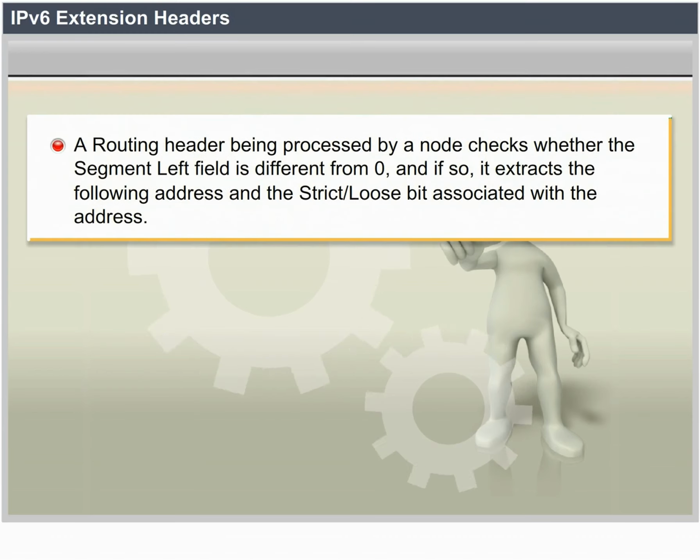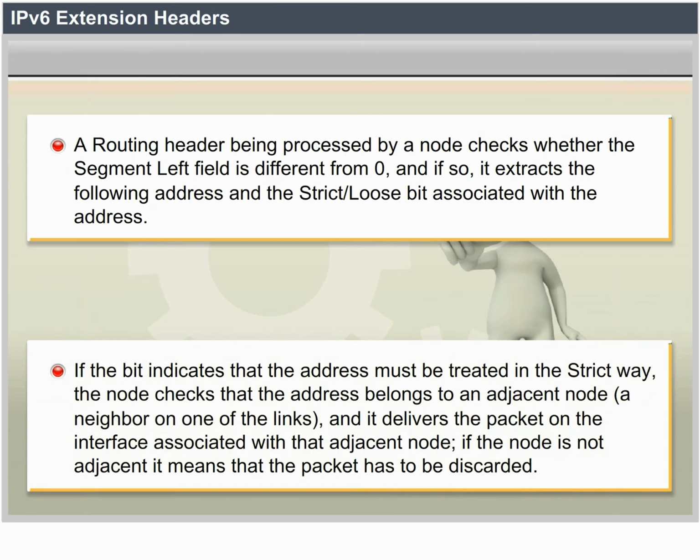When a routing header is processed by a node, the node checks whether the segments left field is different from 0, and if so, it extracts the following address and the strict loose bit associated with the address. If the bit indicates that the address must be treated in the strict way, the node checks that the address belongs to an adjacent node, a neighbor on one of the links, and it delivers the packet on the interface associated with that adjacent node.